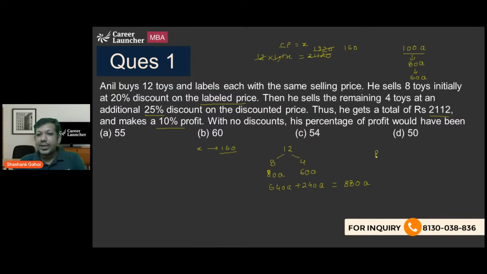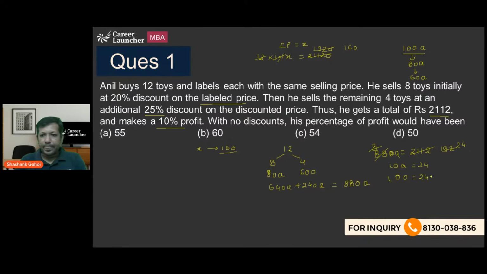This total selling price 880A is equal to 2112. I can cancel by 11, so it becomes 8 and 192. Now cancel by 8, so 10A becomes 24. So 100A becomes 240.